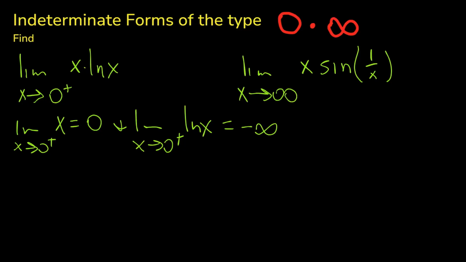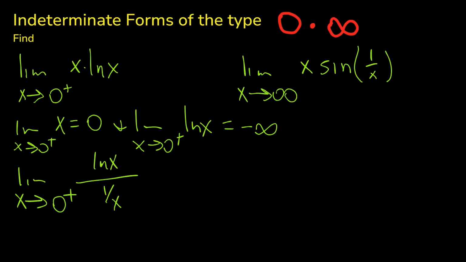We can't apply L'Hopital's rule directly, but we can rewrite it as the limit as x approaches 0 from the right of natural log x over 1 over x. Since I'm multiplying the original by x, I can divide by its reciprocal.